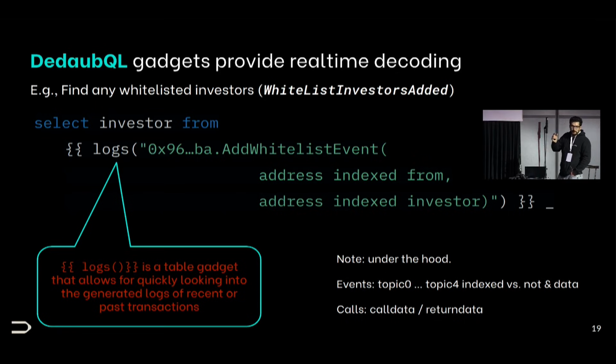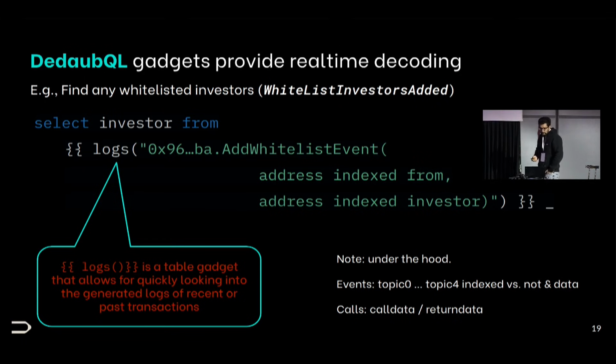Here is the address that I want to filter by, and also the ABI of the particular event that I want to decode. And this decoding is done in real time. So we never store the decoded information in our database, because that's like 3 times larger than the original information. All the information is stored in binary, but it is decoded in real time according to the ABI that you provide.